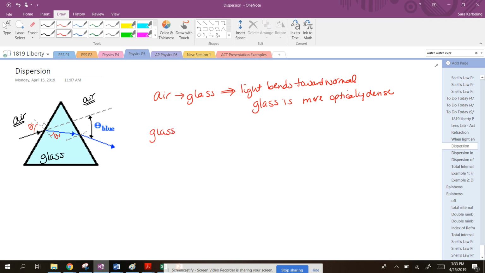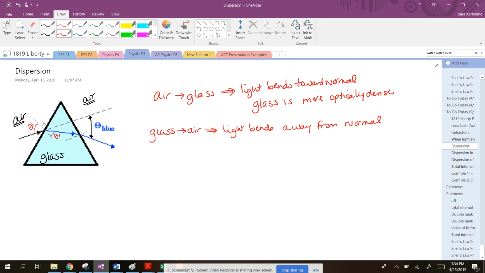From glass to air, the light bends away from the normal. And the fun thing about this is, unlike the ones that we were looking at before, we've got two bends happening, and they're not ending up parallel to one another because the two places where the media change are not parallel to one another. So we've got this nice bending that's happening.